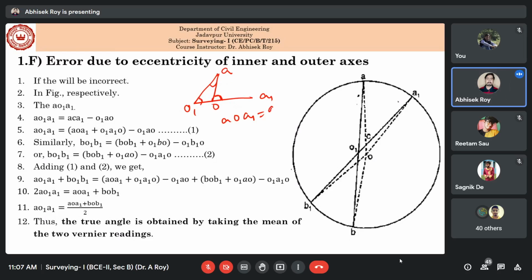So AOA1, this angle plus this angle, O1AO. So from this we can write AO1A1 as AOA1 minus O1AO. Is this clear? Are those two steps clear to everyone?